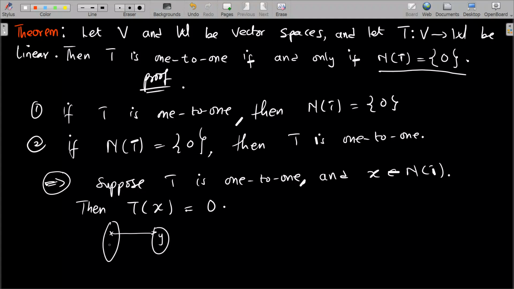If I have some k here, it should also map to some other thing and not map to any other thing. So it maps to exactly one thing.